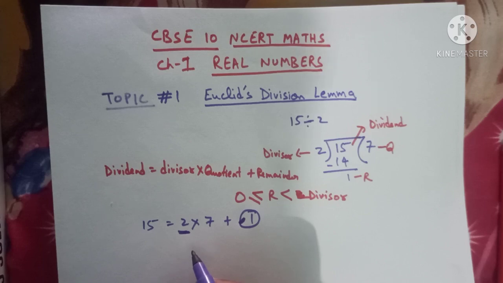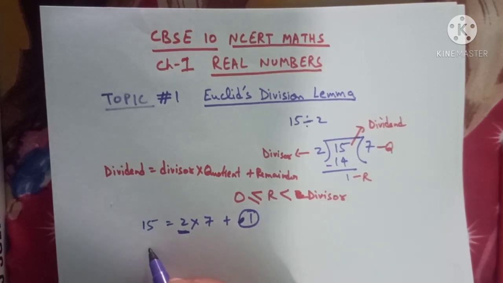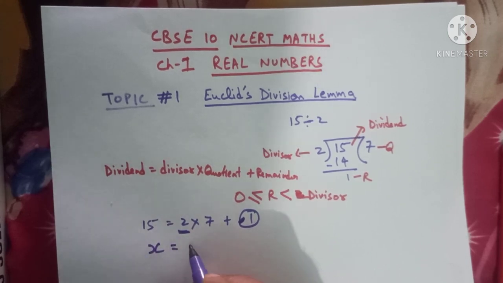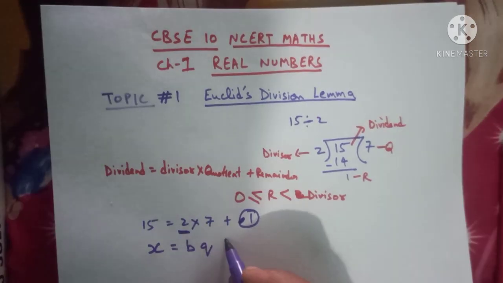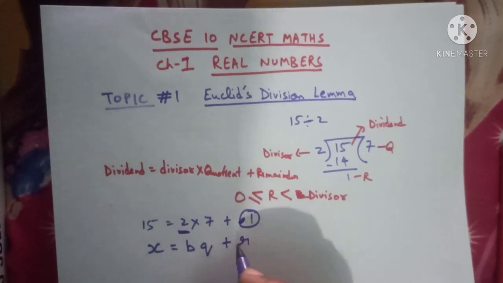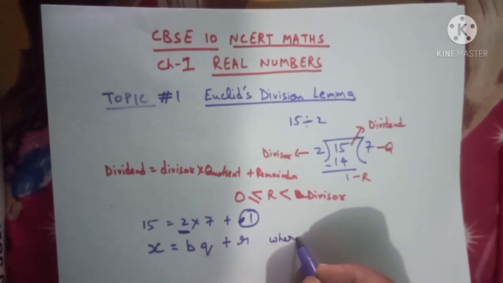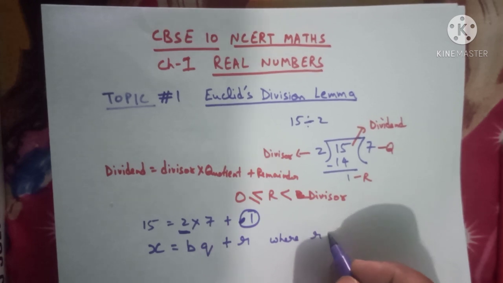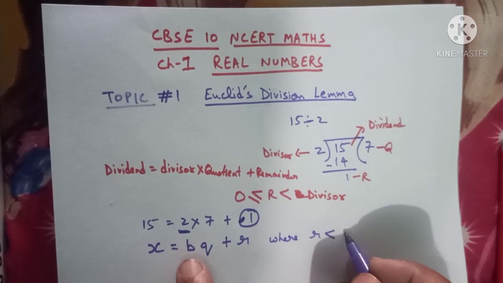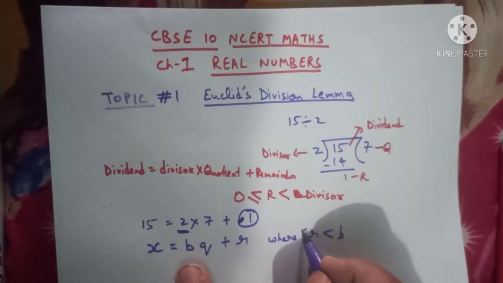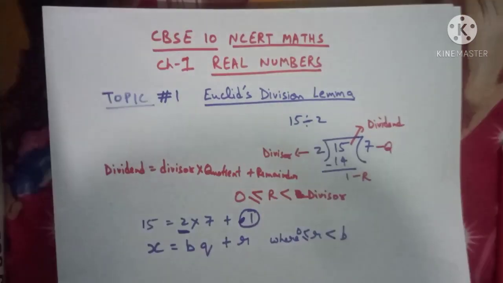Sometimes we often write it in the form of variables. Dividend we represent by x, divisor by b, quotient by q, plus remainder r, where r is less than the divisor b and greater than or equal to 0.